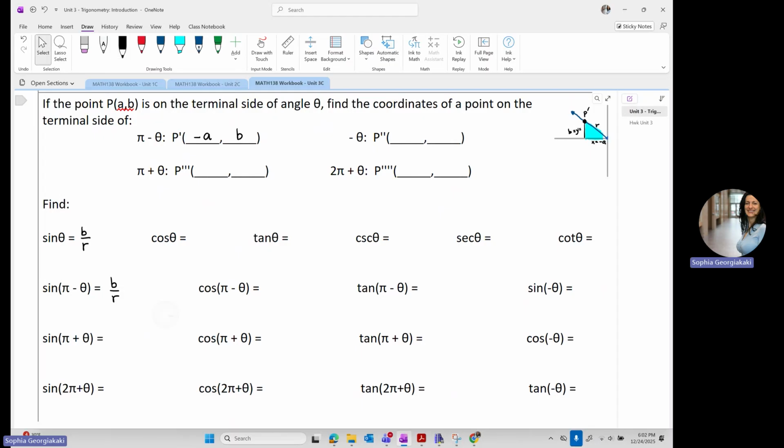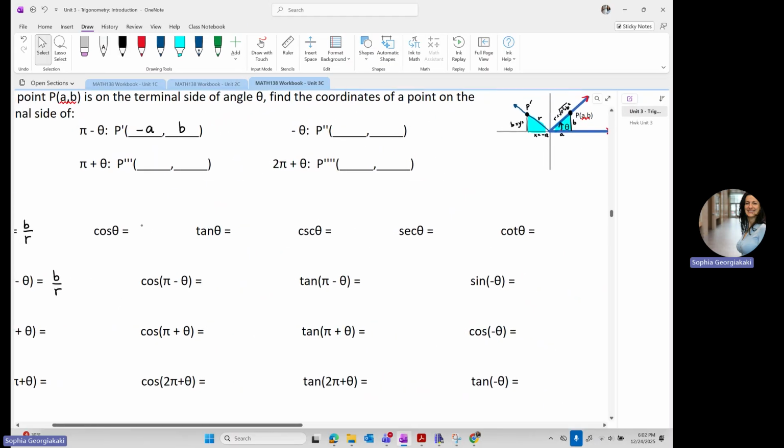If the cosine of theta is X divided by R, which in our case is A divided by R, the cosine of pi minus theta will be negative A divided by R. So the cosine of theta and the cosine of pi minus theta have opposite signs, but the same absolute value. The tangent of theta would be Y over X, B over A in quadrant 1. In quadrant 2, Y over X will be B over negative A. So they will be opposite.